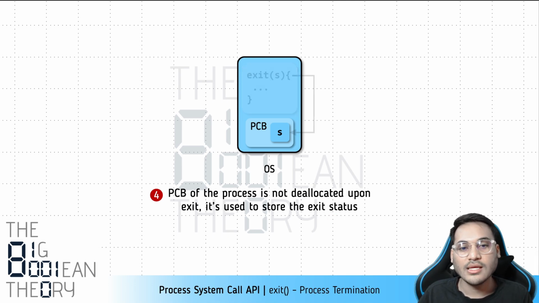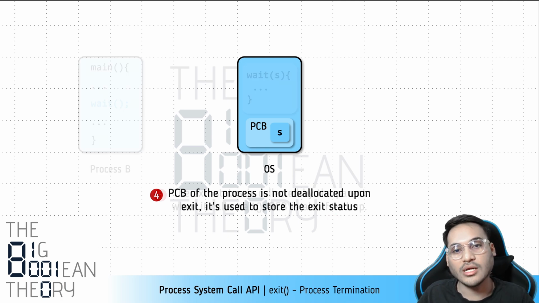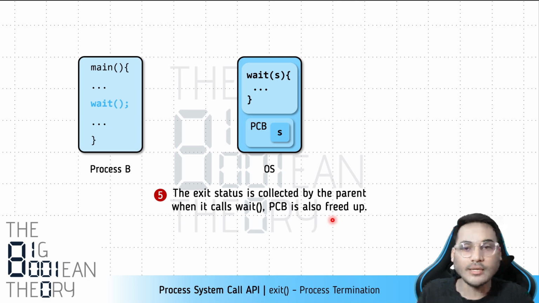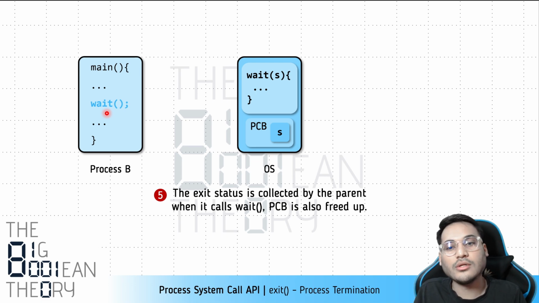What's next is that the parent process of the process which just got terminated, at some point in time, will call the wait system call. Although we don't know about the wait system call yet, we'll talk about it in the next video. But in short, the wait system call is used to wait for a particular child process to exit, right?